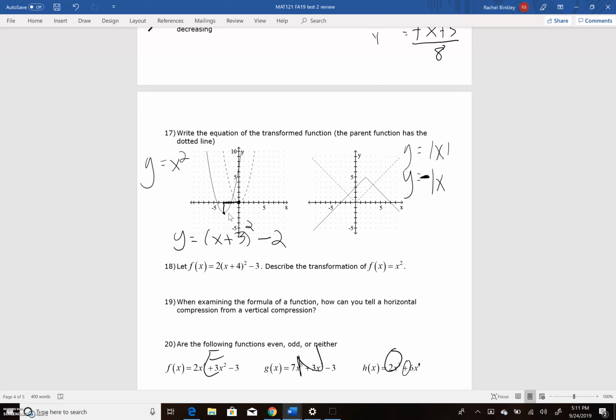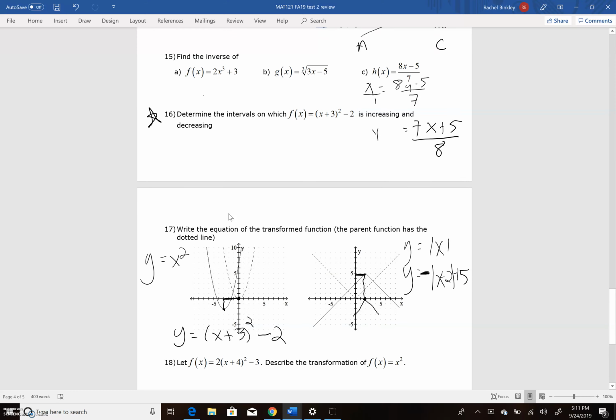Then on the inside, to move it to the right, how many? Just 2? We're actually going to put minus 2. Okay, and that would put it upside down right here, right? And then we need to move it up 5. So we're going to put plus 5 on the end.